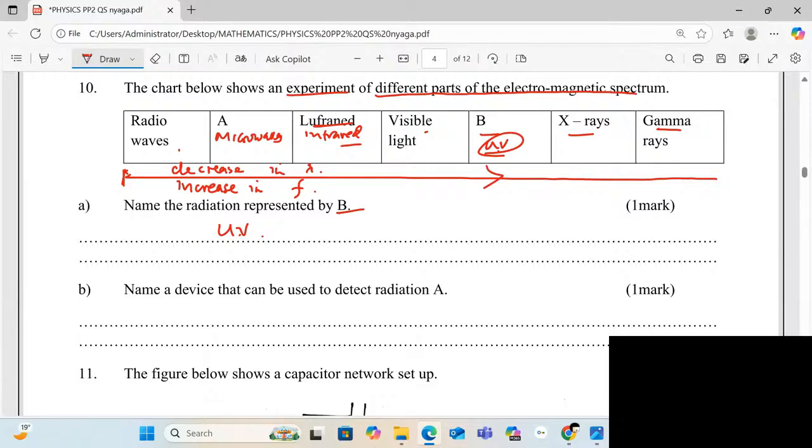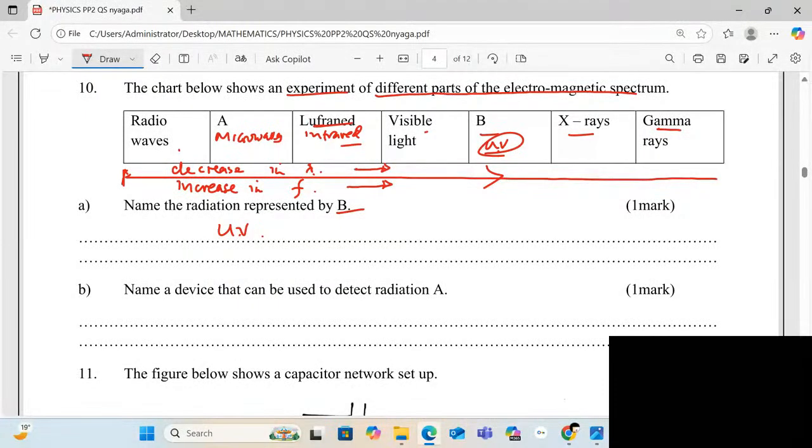So kindly note these variations that I have given on the board: towards the right, we have a decrease in wavelength and we have an increase in frequency.